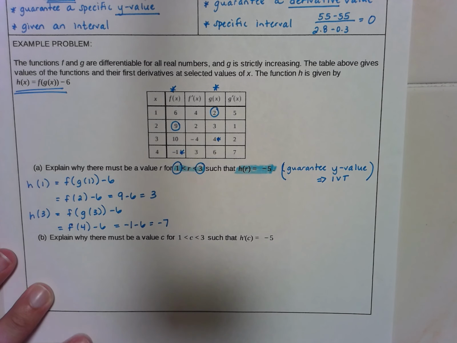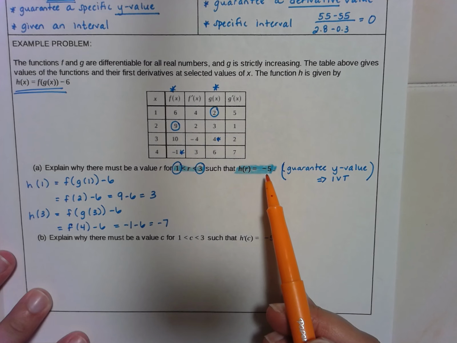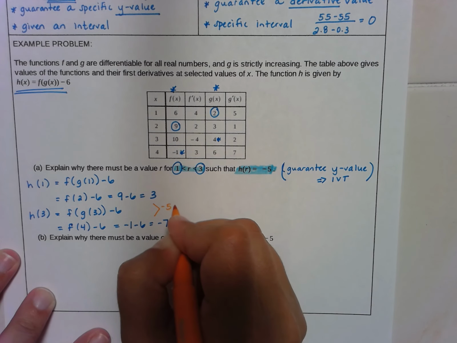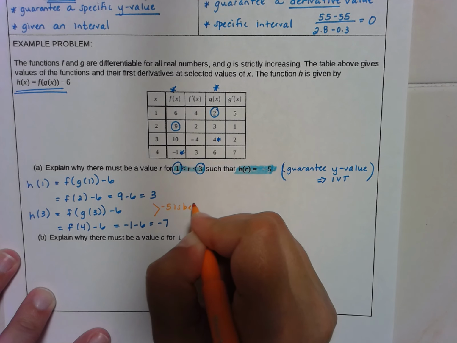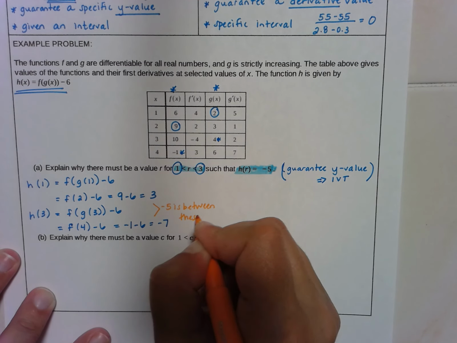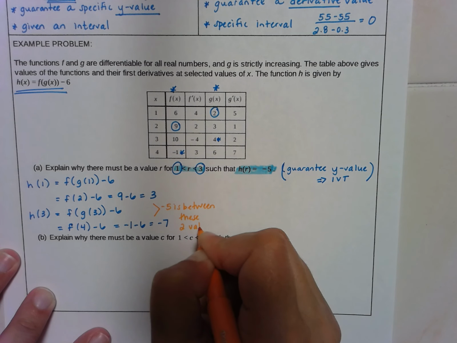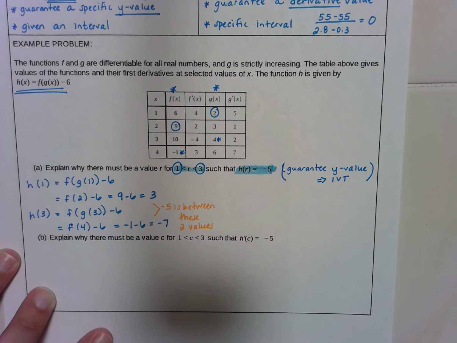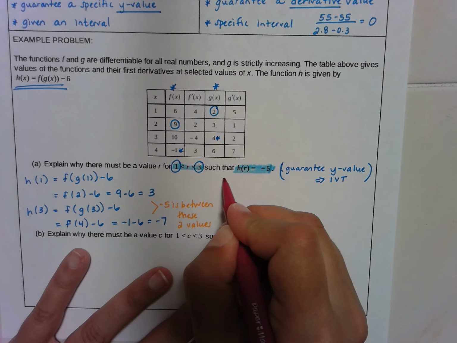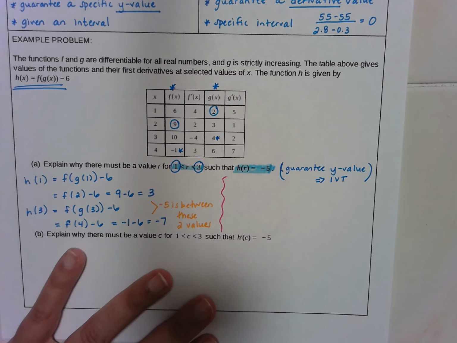and negative 1 minus 6 is negative 7. Can I guarantee that negative 5 exists? Well, yeah, because negative 5 is between these two values. So that's ultimately what I need to say as part of stating my conclusion here. So here's what I would state for my conclusion.